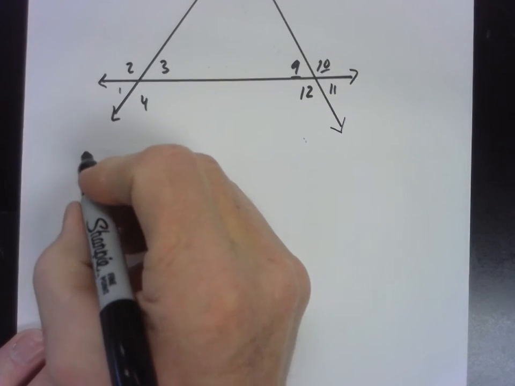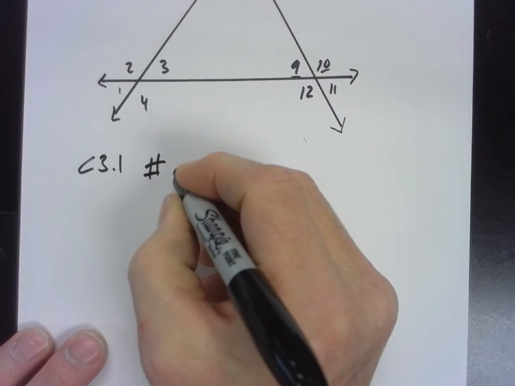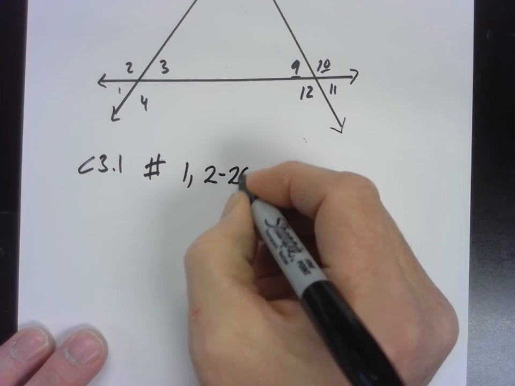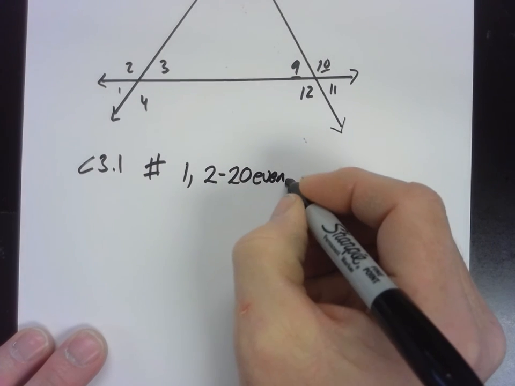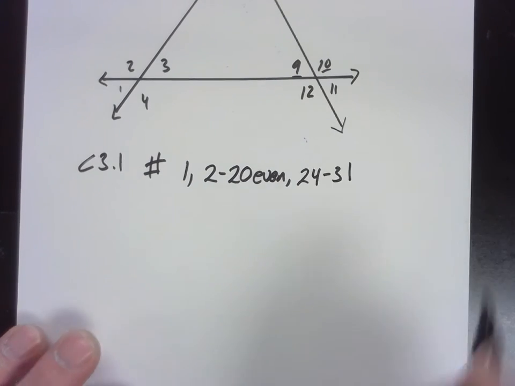Now, if you do the homework right now, hopefully these will get in your brain and stay there. And don't worry, they're not going away. We're going to be talking about them all year. There you go. Let's do it.